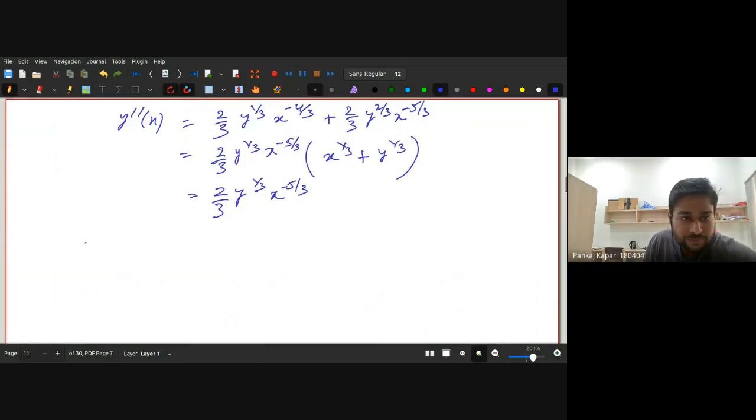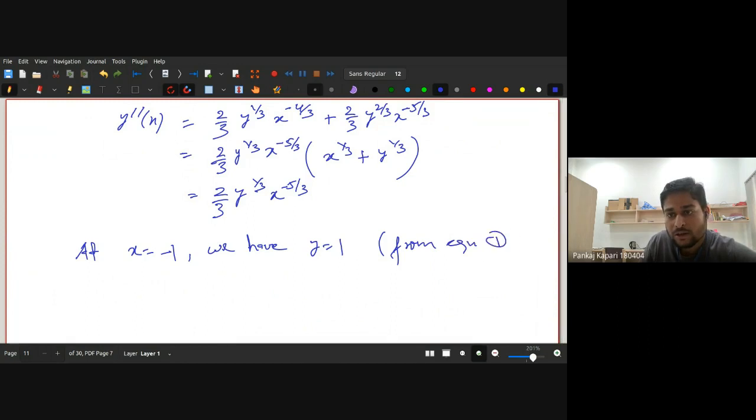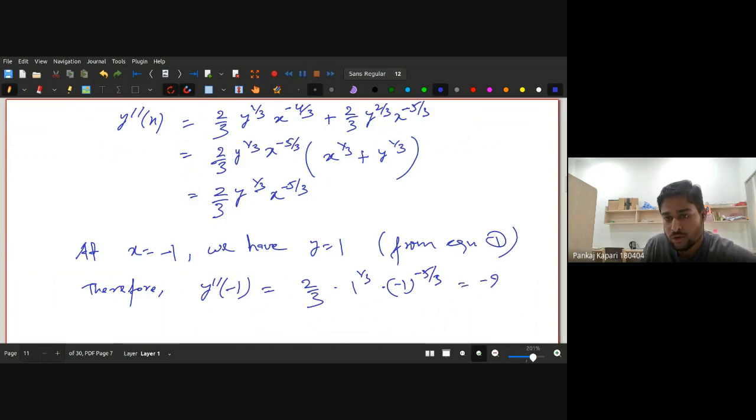How? From equation 1. And therefore y double prime of minus 1 is just 2/3 into 1 to the power 1/3 into minus 1 to the power minus 5/3. Okay, so this is just equal to minus 2/3.